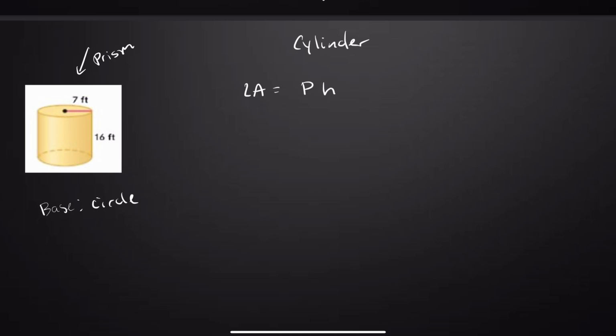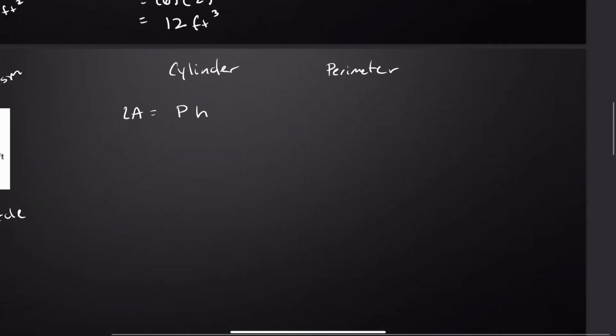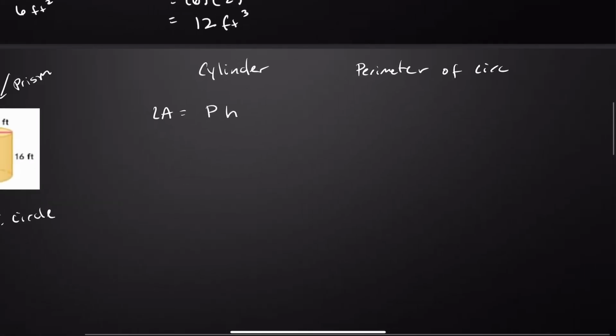So how do I figure out the perimeter of the circle? Well, the perimeter of the circle, another word for that is circumference.